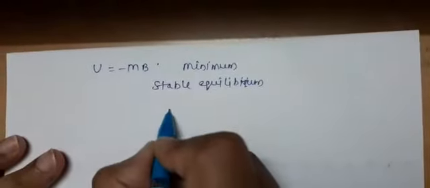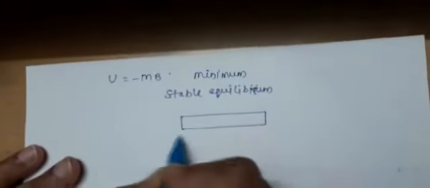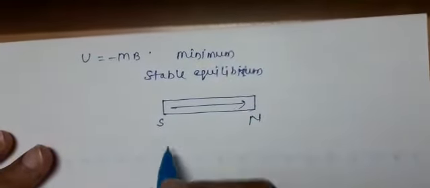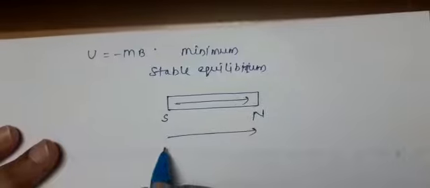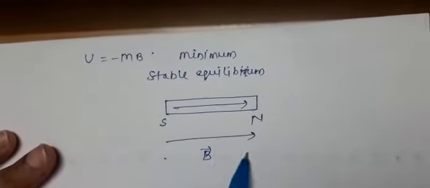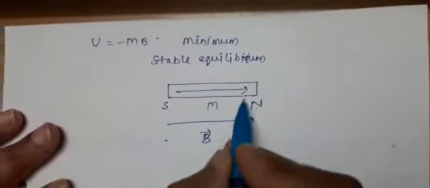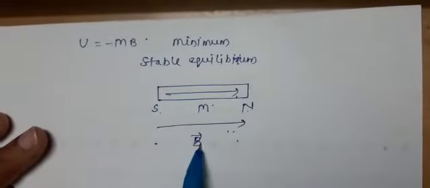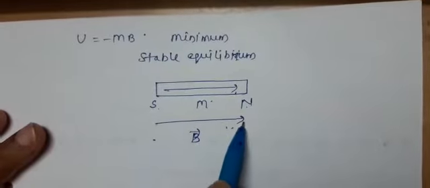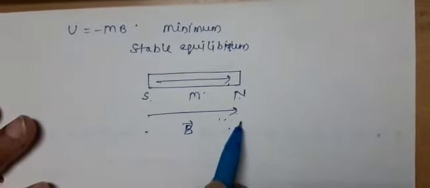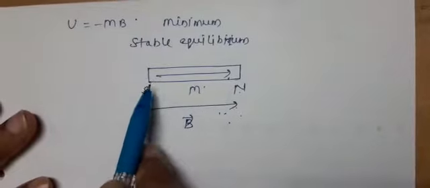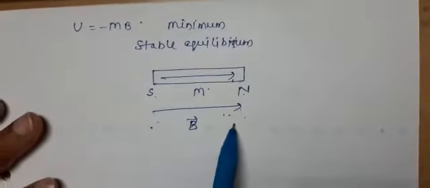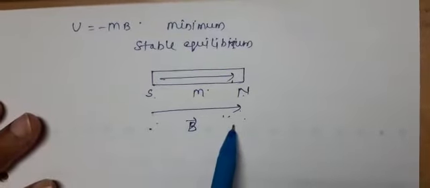See here, as we know, direction of dipole moment is from south to north, and if magnetic field is directed parallel to this magnetic moment, so in that case this will be in the stable condition, because magnetic field lines outside a magnet, that is from north to south pole, and within inside it is from south to north pole. So this magnetic moment and magnetic field are parallel. It will not get disturbed.